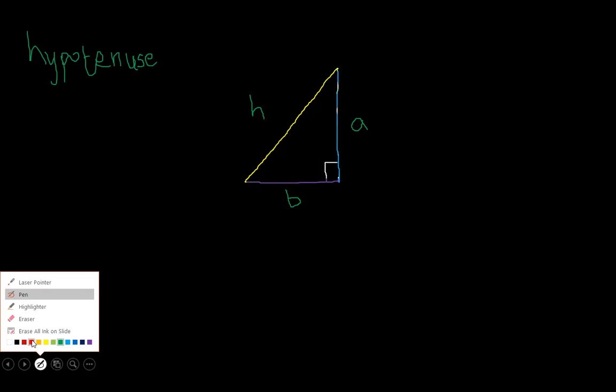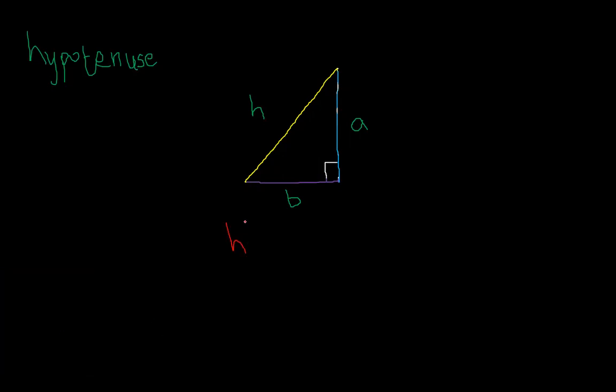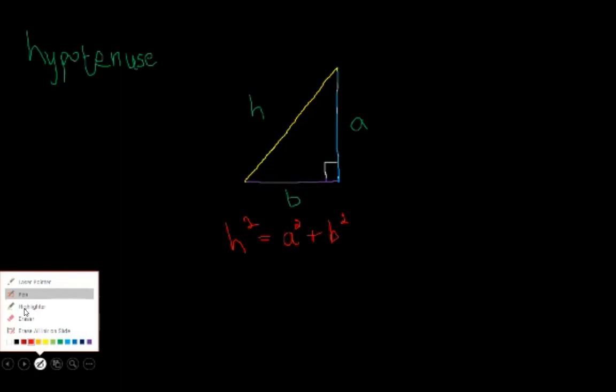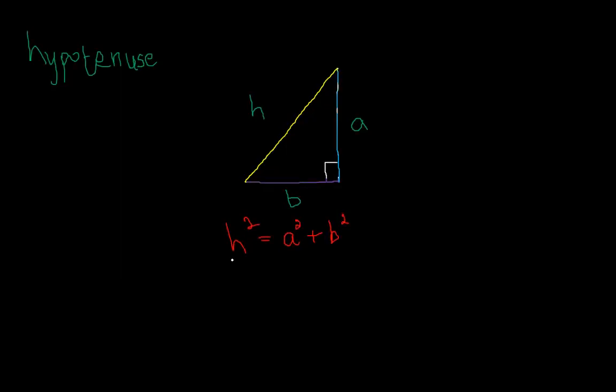And Pythagoras' theorem states that the hypotenuse squared, so H squared, is equal to A squared plus B squared. This equation here allows us to find the length of any line in a right angle triangle when given two of these lengths.